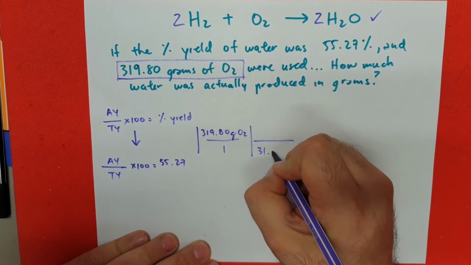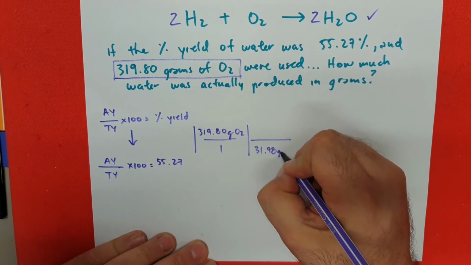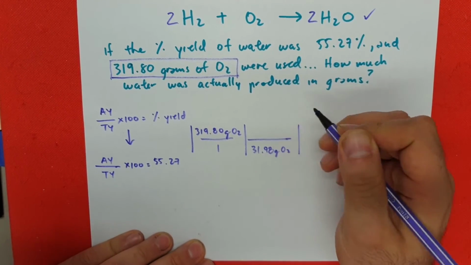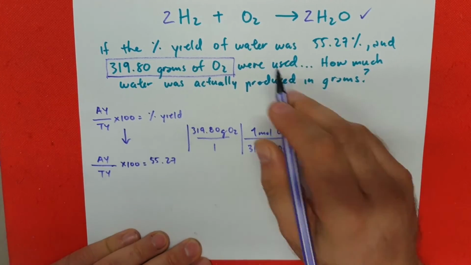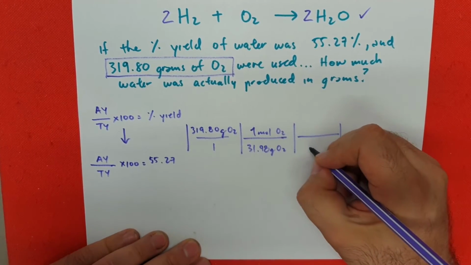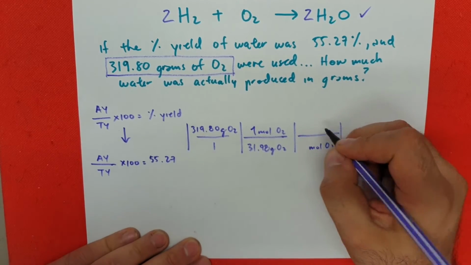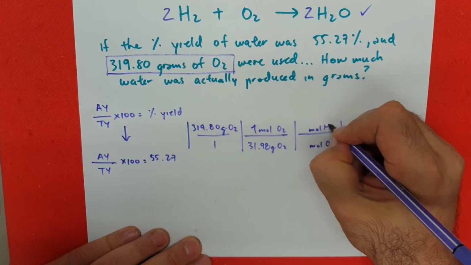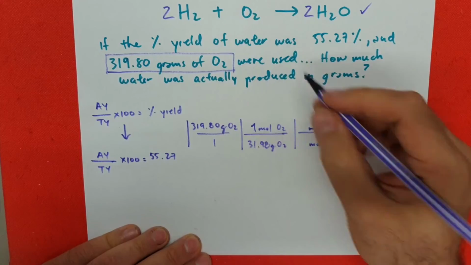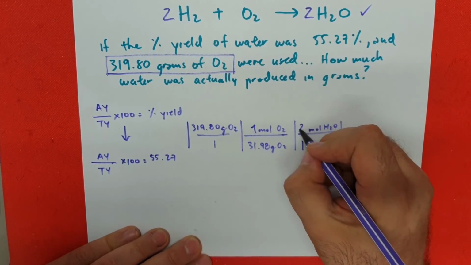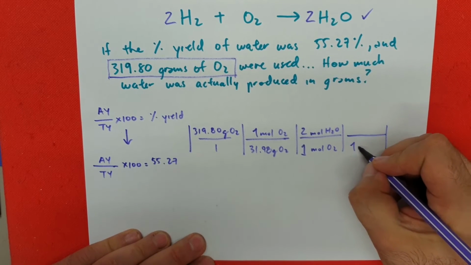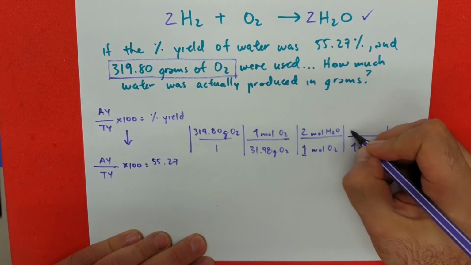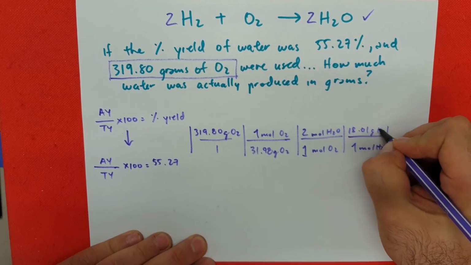The molar mass of diatomic oxygen is 31.98 grams of oxygen over 1 mole of oxygen. Then we look at our chemical equation to convert to moles. Moles of oxygen, and we want to know moles of water, which is 1 mole of oxygen for every 2 moles of water from our balanced equation. And last but not least, the molar mass of water, which is 18.01 grams of water.